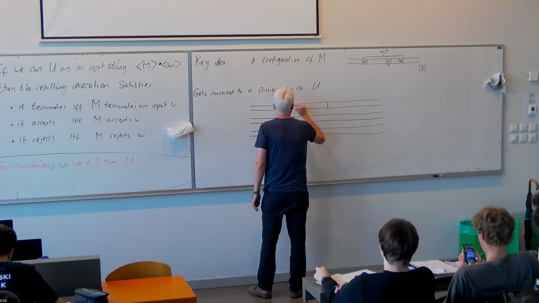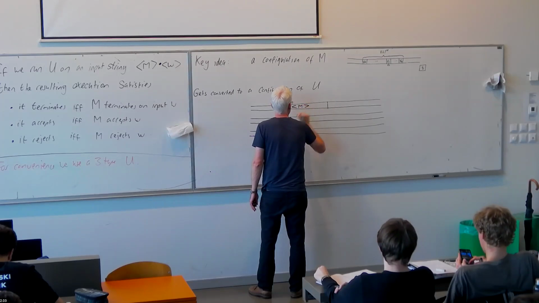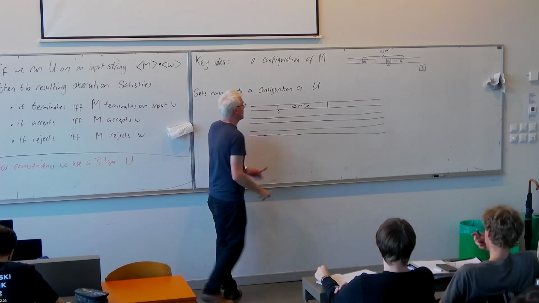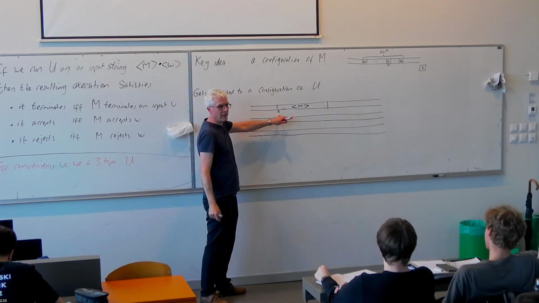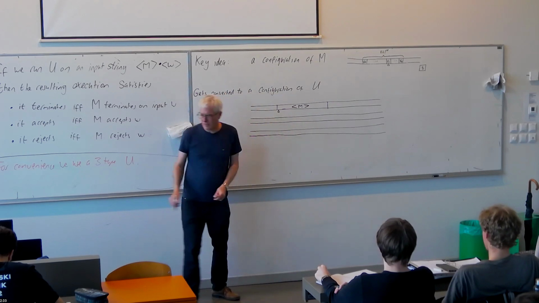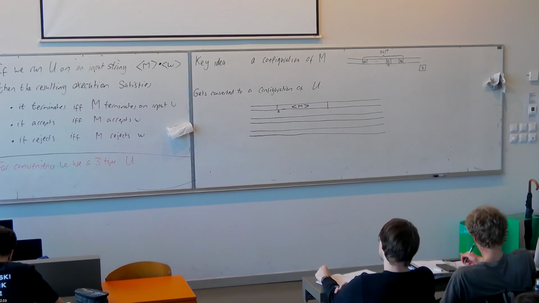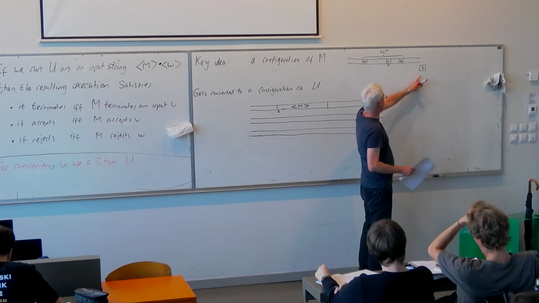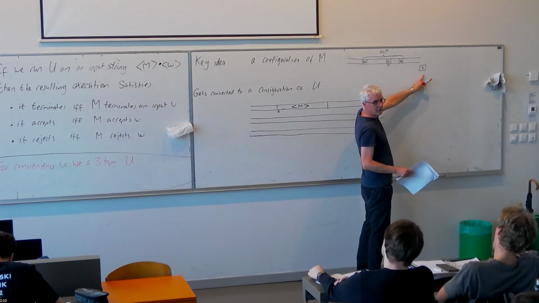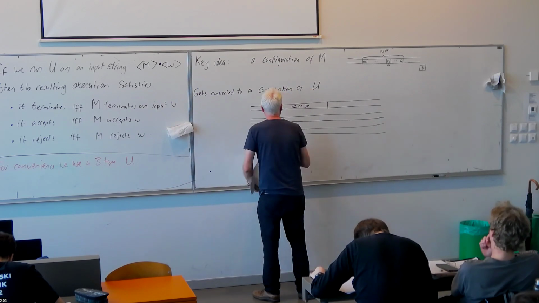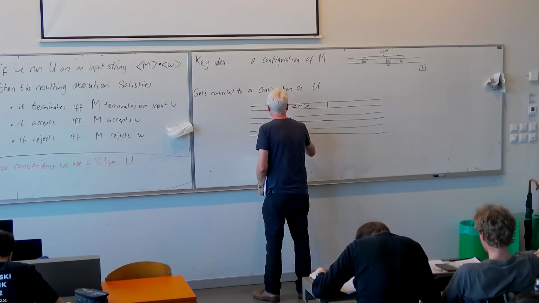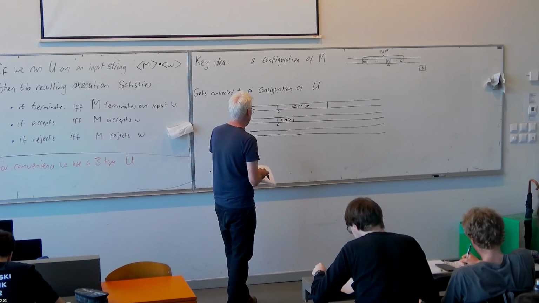So here we're going to have the encoding of the Turing machine M. And when we're simulating a configuration, we nicely put the head at the beginning of the representation of M. On the second tape, we're going to put the encoding of the state Q. This will be quite a bit smaller than the encoding of the whole machine. Again, we'll put the head for this tape to its left.